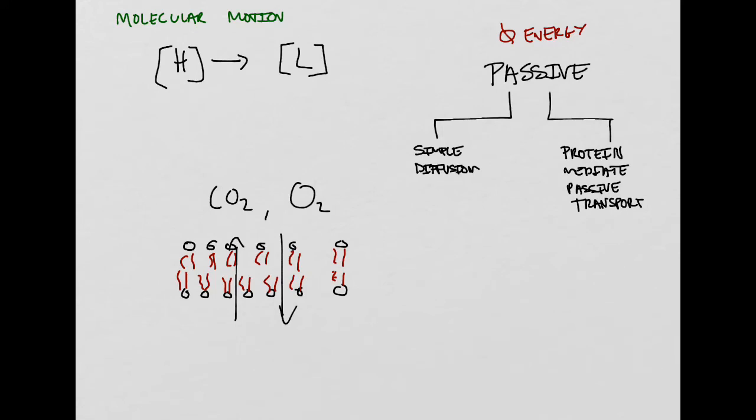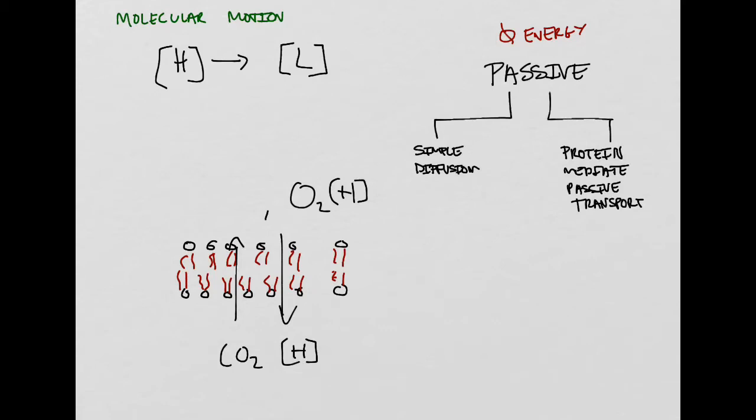So for example, if the concentration gradient of oxygen is high outside the cell, it's going to be moving into the cell. And if the concentration gradient of CO2 is high inside the cell, then it is going to be moving out. And that's going to happen just through simple diffusion, because these micropores in the cell membrane are opening up all the time.